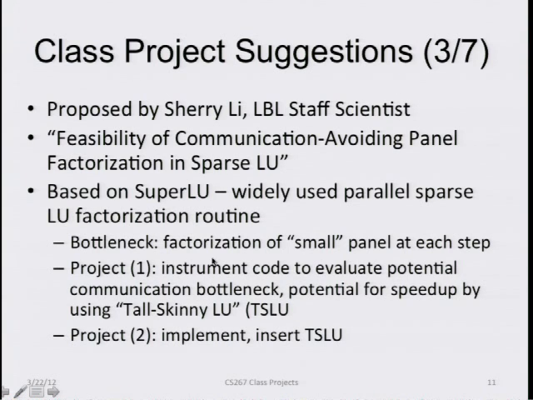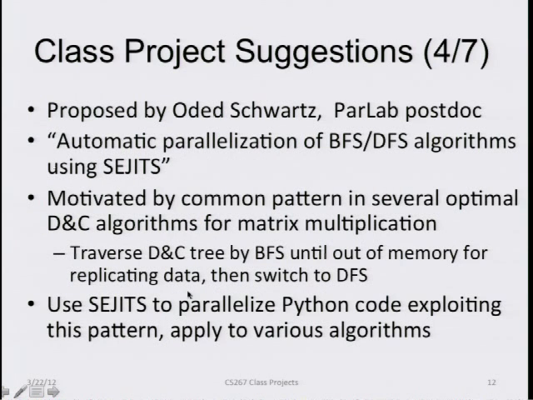So she's suggesting that in collaboration with her, you could instrument the code to evaluate whether this is really the bottleneck that she thinks it is, by doing a bunch of measurements using performance counters, and then try to insert the tall, skinny LU algorithm that we talked about briefly to see if that removes the bottleneck. So anyway, that's another one.